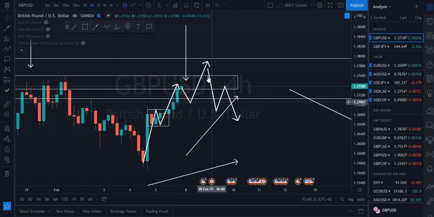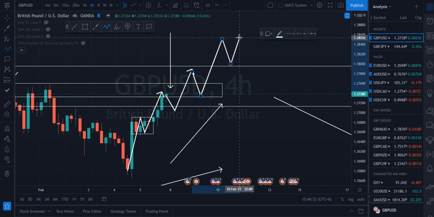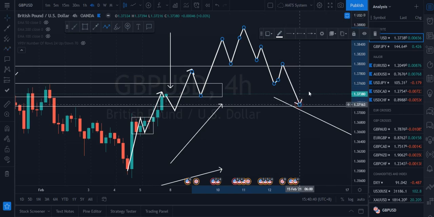Because at the end of the day, a lot of patterns might happen. Structure might start to behave weirdly as well. Then it starts to have a double top, or maybe a slightly higher high, come back down here, retest a bit, then goes back up here again and comes back down here again.